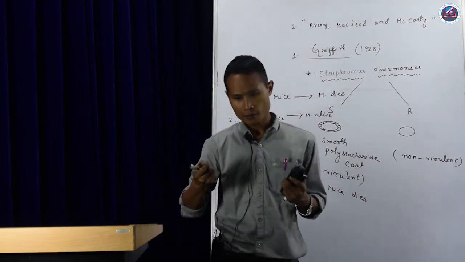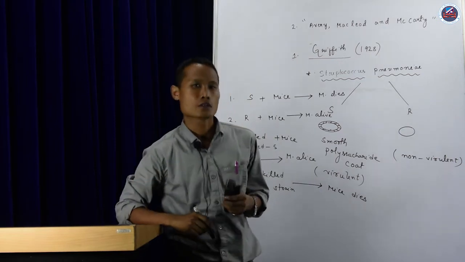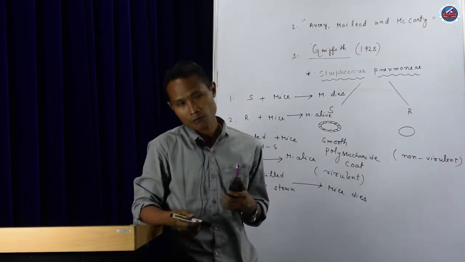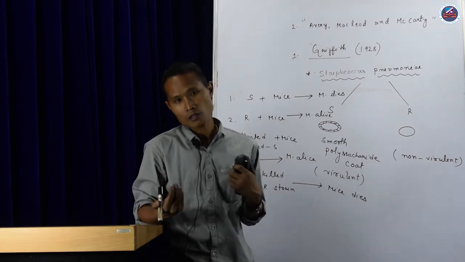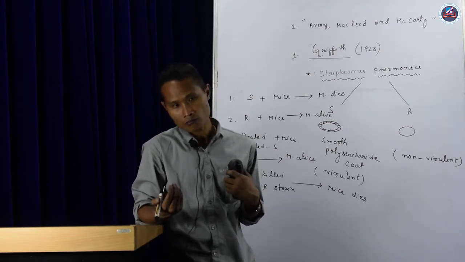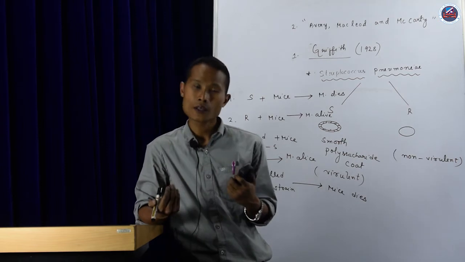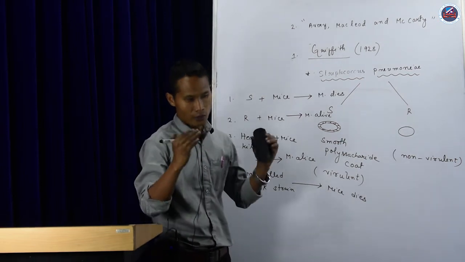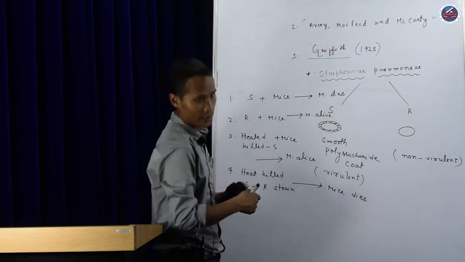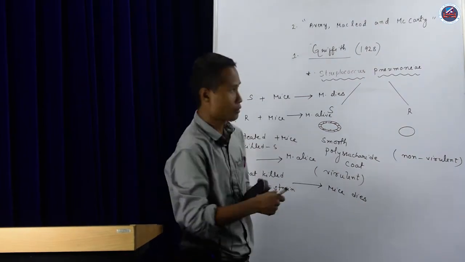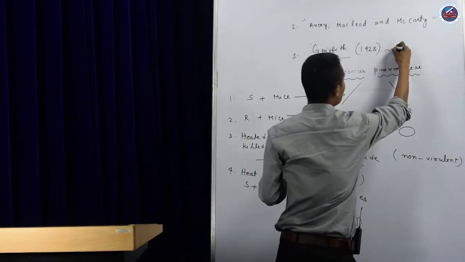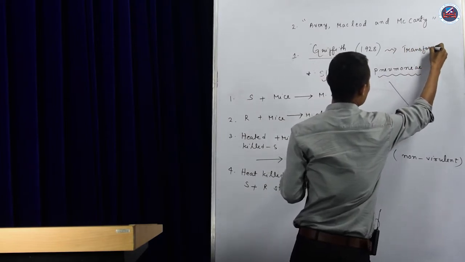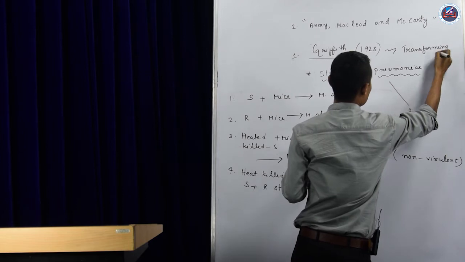So Griffith concluded that it may be because of the genetic material, but he did not come up with the idea whether it was DNA, RNA or protein. So we call the Griffith experiment the transforming principle.